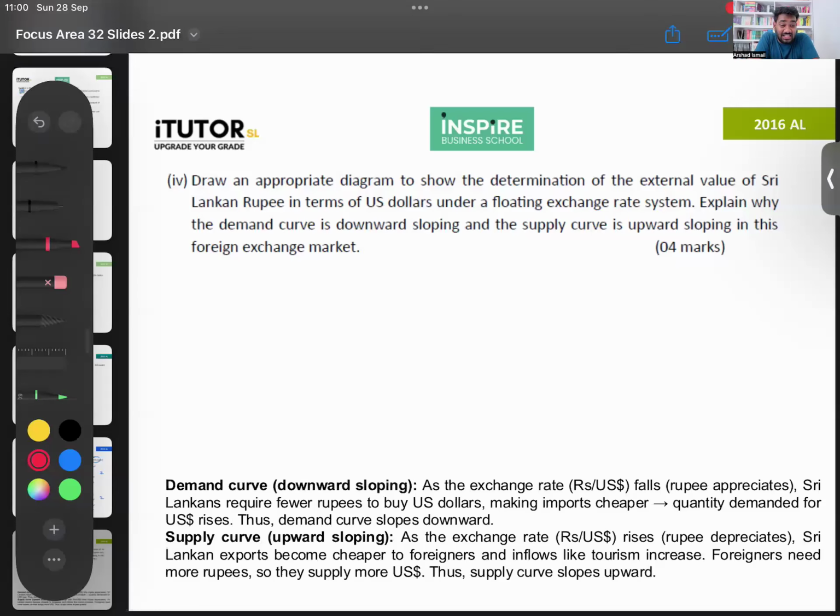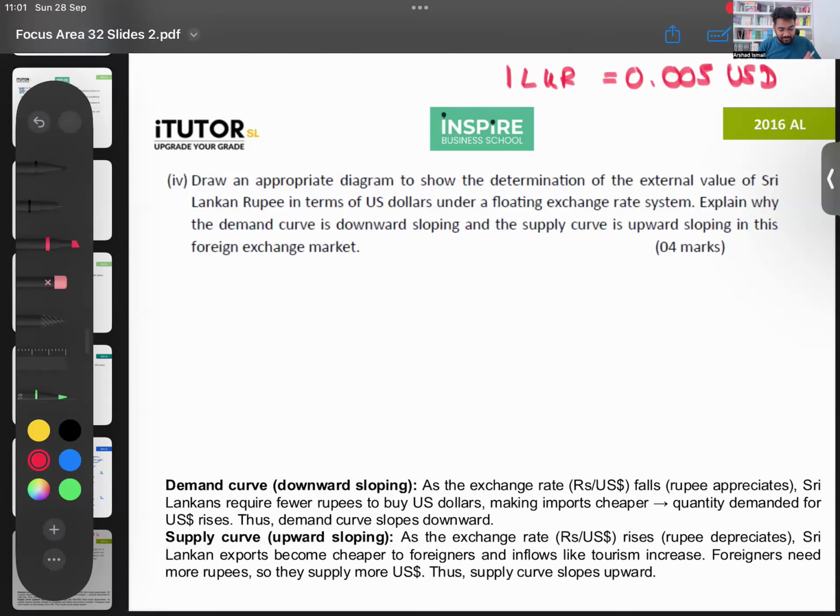They're talking about indirect quotation. Be very careful with that. If they say the other way, value of the US dollar in terms of rupees, $1 is 300 rupees, then that is direct. Here, it is the value of the Sri Lankan rupee in terms of US dollars, so they're talking about the indirect quotation.